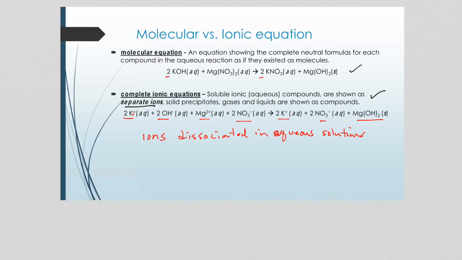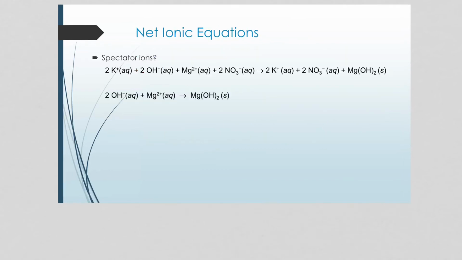that are actually reacting to form the precipitate, and this is called a net ionic equation. So we do this by taking our complete ionic equation here and removing what are called the spectator ions. So we look for things that haven't really changed, right, that are still aqueous on both sides.